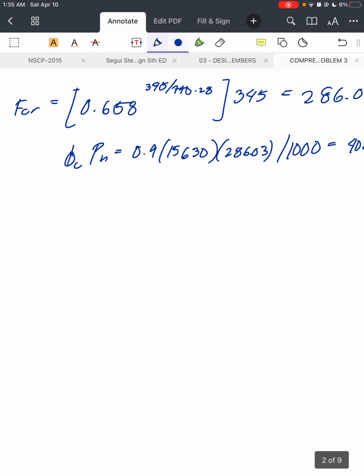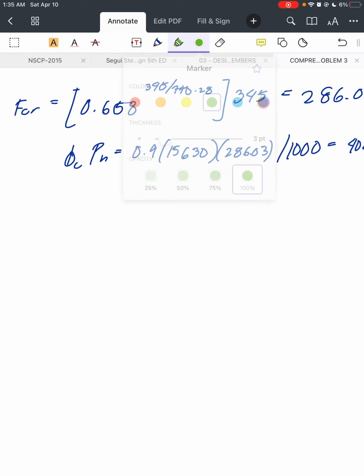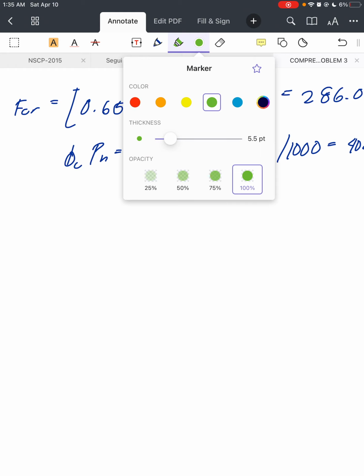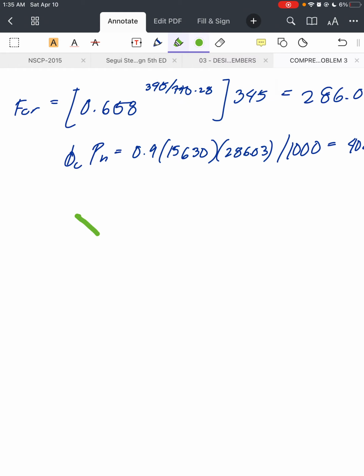So let's have here a force diagram for our truss. Let's say this is BE.